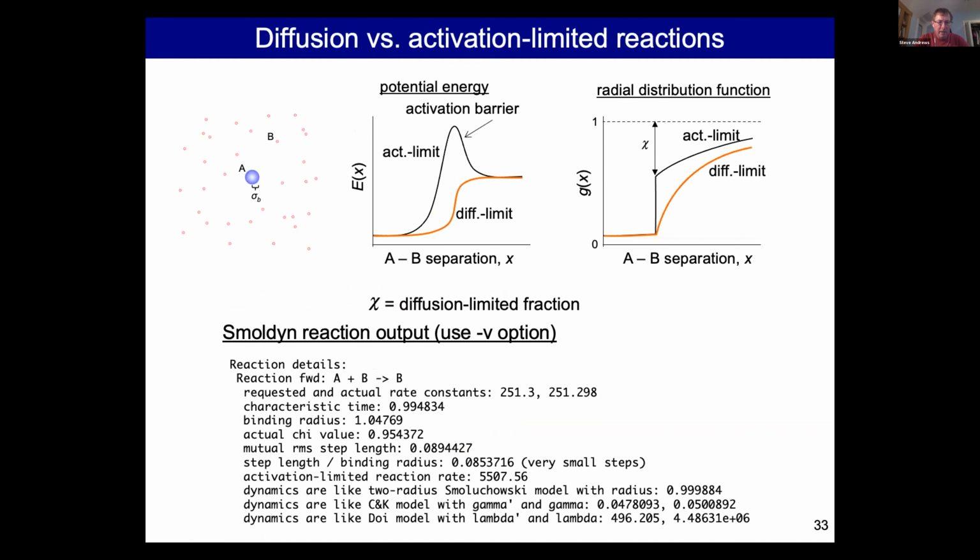More recently, I've worked a bit more on diffusion limited reactions and activation limited reactions, more so the chemical physics of getting reactions simulated really accurately. And the small output I should mention has lots of detail about reaction details: rate constants, the time, binding radius, the chi value, that's for activation limited reactions, step length, binding radius, that sort of stuff.